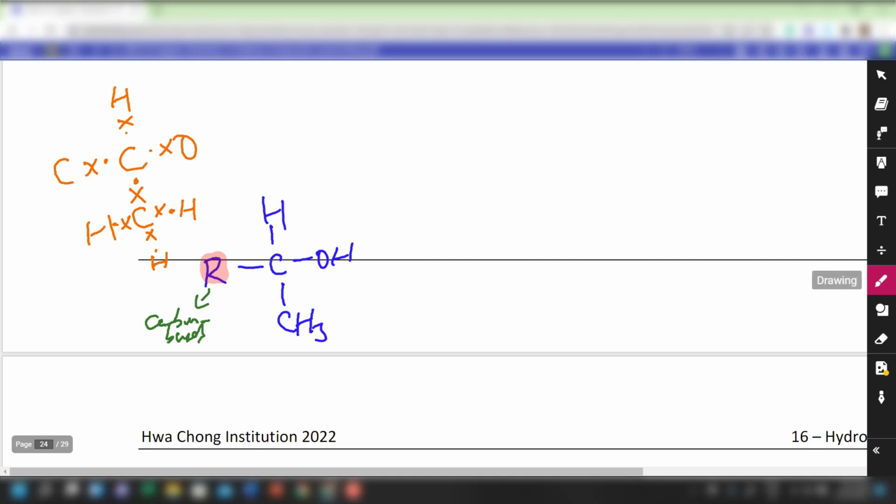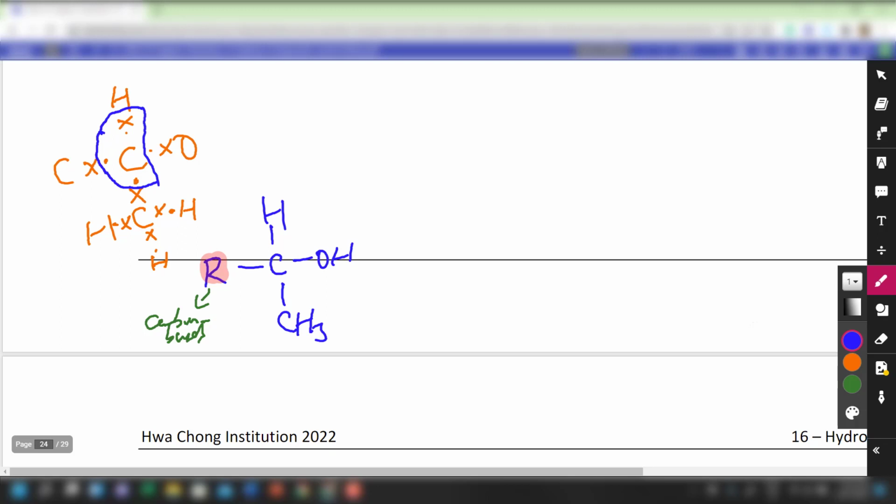Now I'm going to draw the boundaries. Carbon is more electronegative than H, so I'm just going to draw a boundary like this. Carbon, carbon, no difference. Oxygen is more electronegative than carbon, so we take all the electrons.